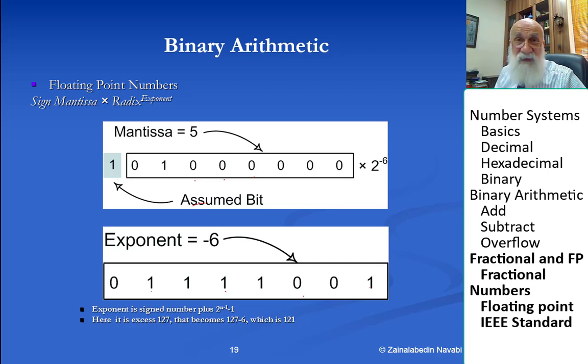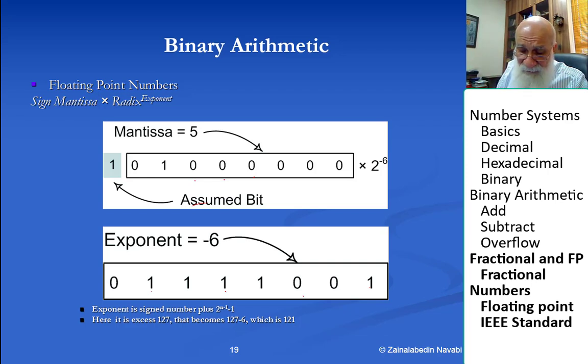Another representation is called floating point numbers. In floating point numbers, you have a mantissa, and then you have an exponent, and then you have a radix. A 16-bit representation would be like this.